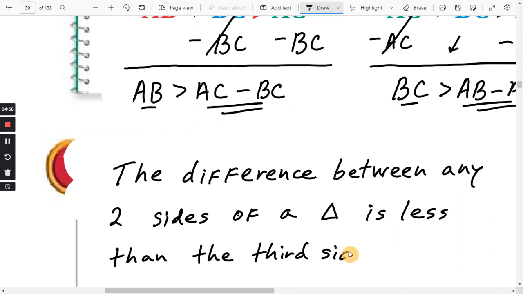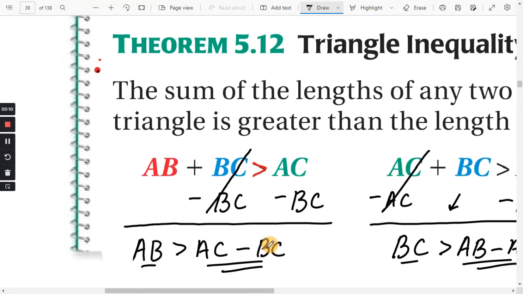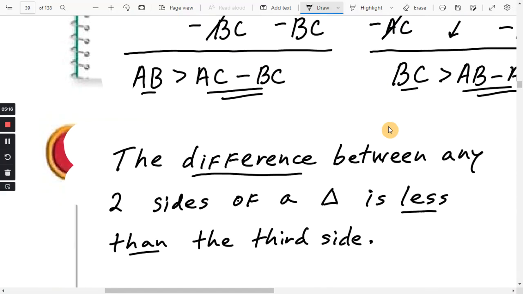All right. So when you take the difference between two sides, it's always going to be less than the third side. All right. But when you take the sum, it's always going to be greater than the third side. So just remember that for any one given triangle.